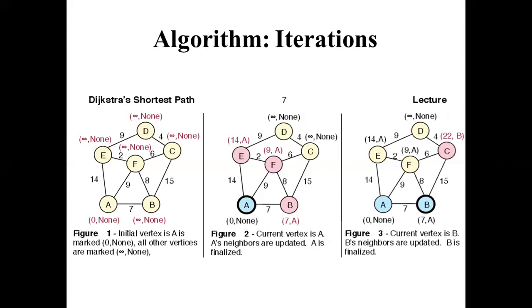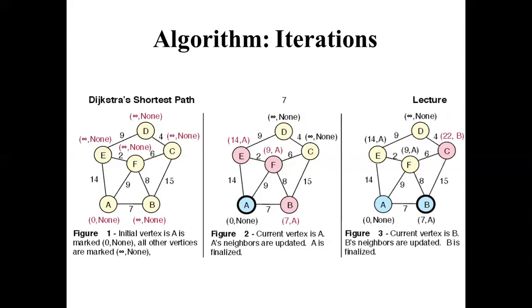Now we have to see how we can go from A to the nodes which are immediate to A, that is, there exists a direct connection between the other nodes and A. So we found out that A and B are directly connected and the cost of the edge is 7. So near B I have written 7 comma A.